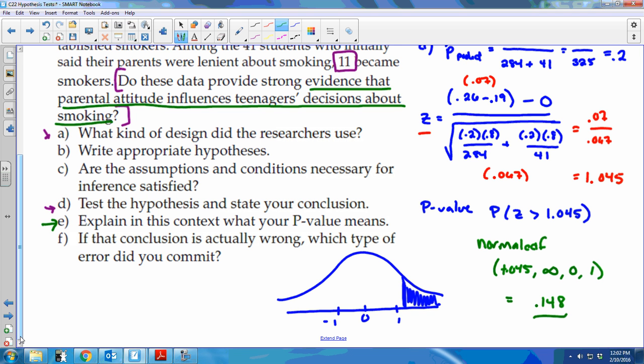If you said it was wrong. Type 1 is when the null hypothesis is true, but you reject it. So if you made a rejection, they say that's wrong. It's type 1 error. Questions about that? I can do another one if you want me to. That's up to you.